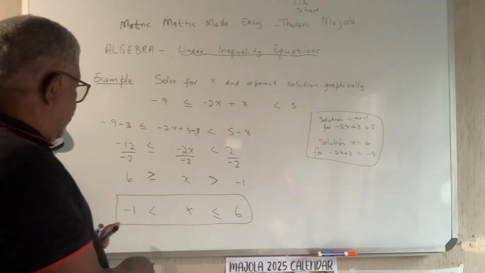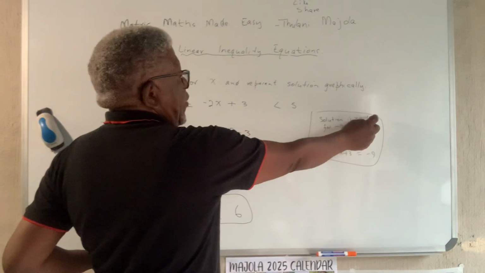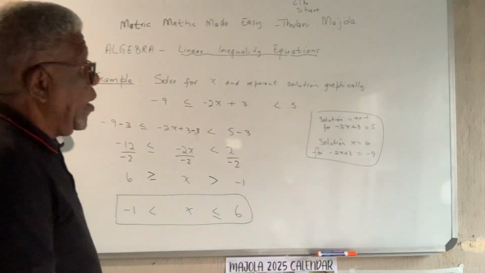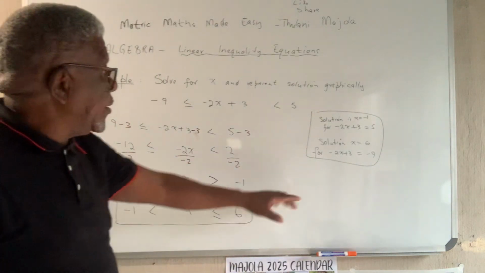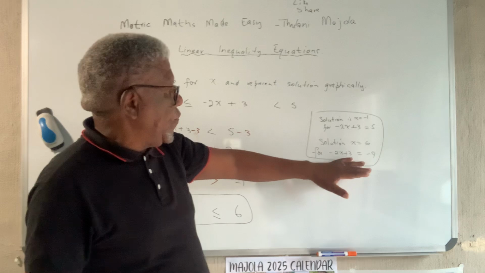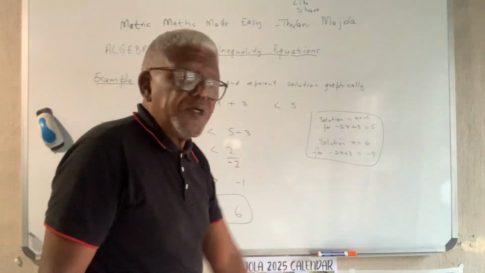But we were asked to represent this graphically. You see, negative 1 was the solution when negative 2x plus 3 was 5, and 6 was the solution when negative 2x plus 3 was negative 9.